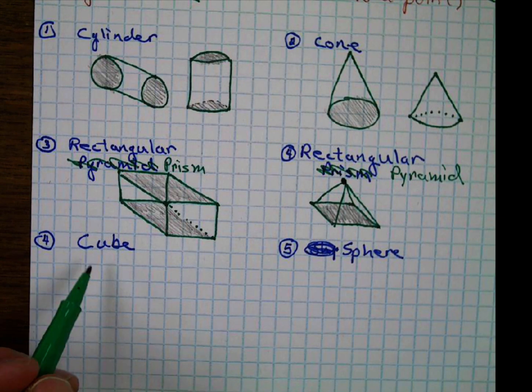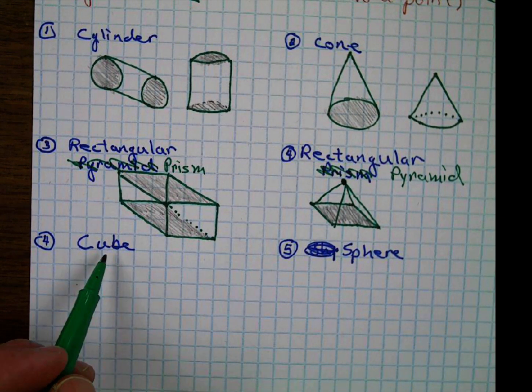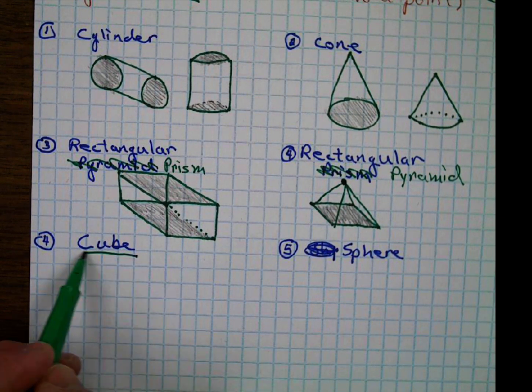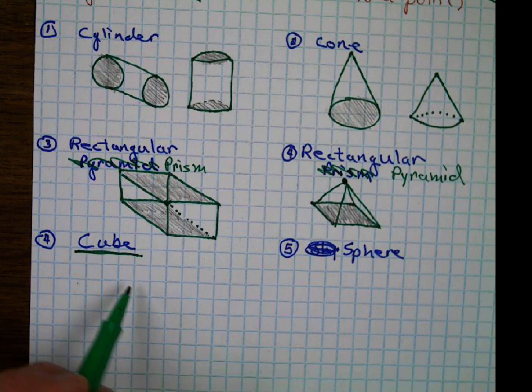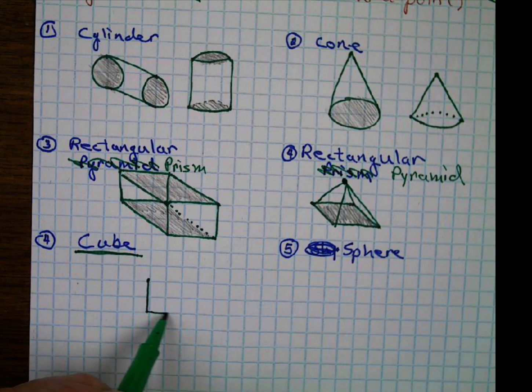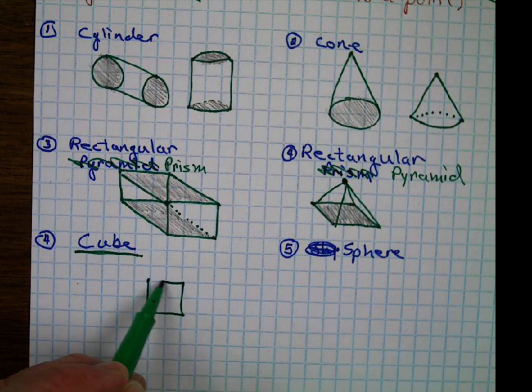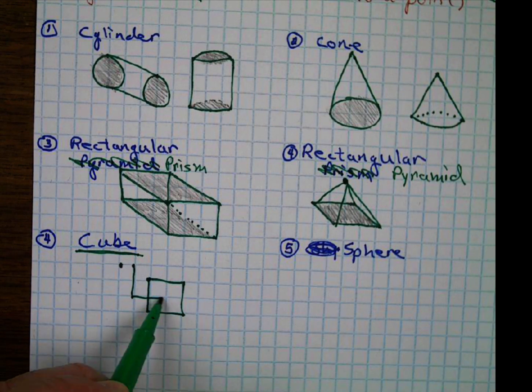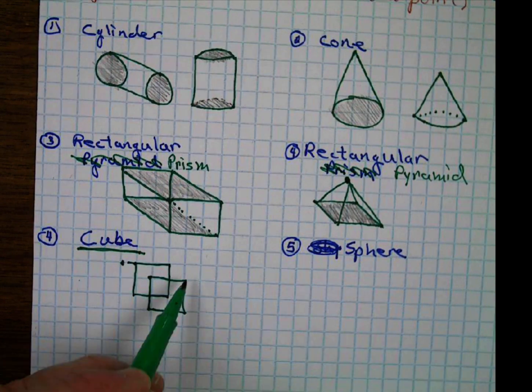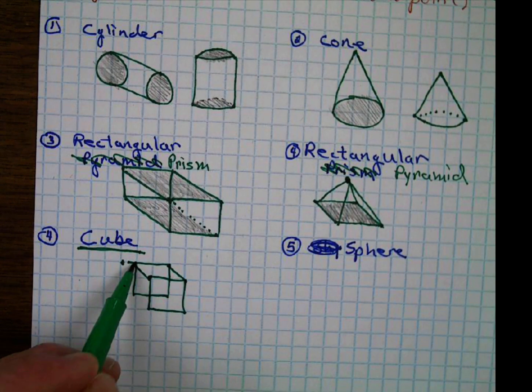All right, a couple more here. We got a cube. Cube, if you remember, all the sides are parallel and congruent. So if I'm going to go with, like I say, a 2 by 2, that is a square. I'm going to go up here with a 2 by 2. I'm going to put it right here. I'm going to connect all these guys.